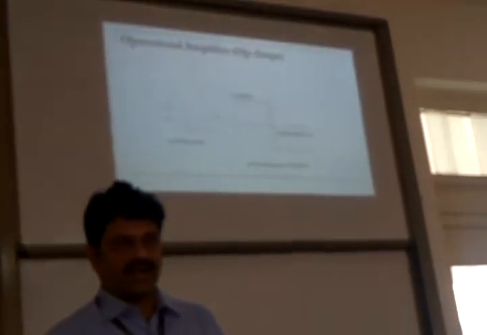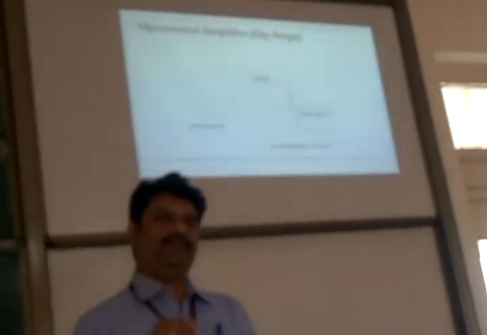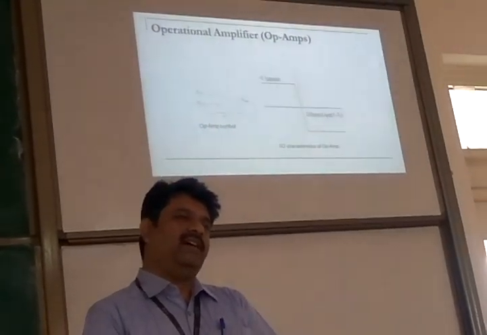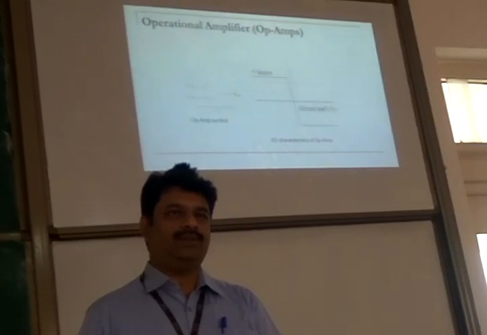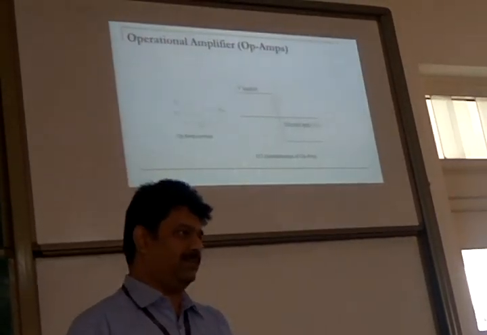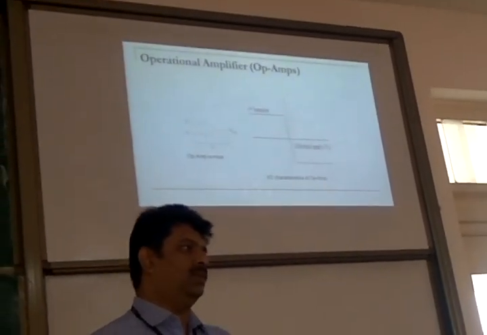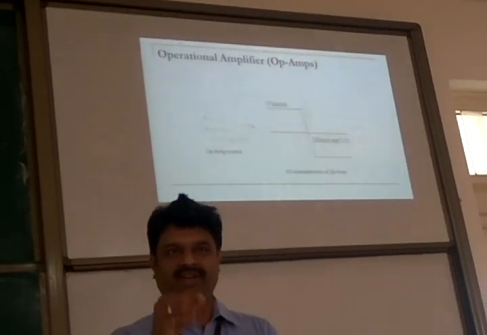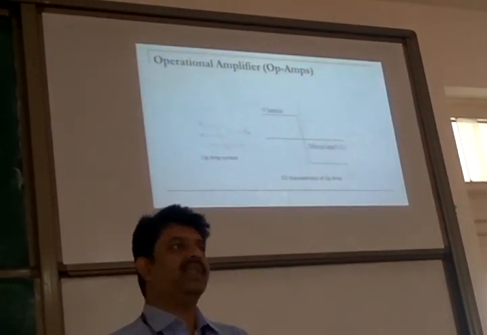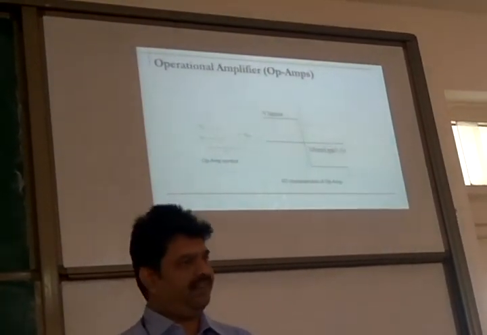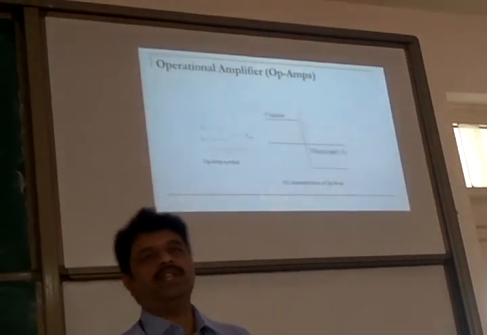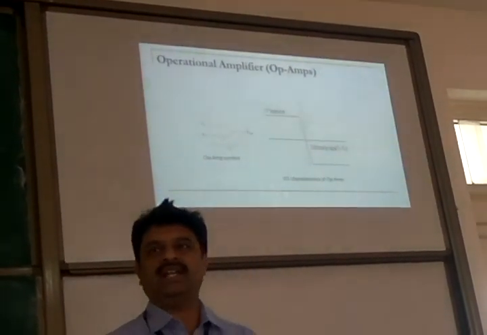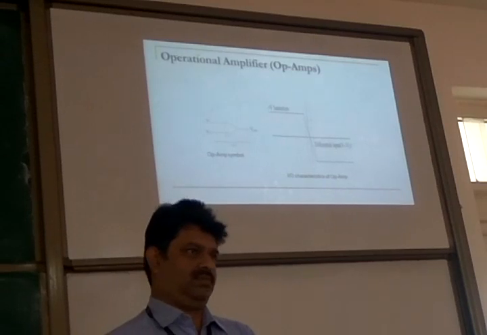For instance, you can visualize this voltage as VCC in your transistor based amplifier. Suppose I give the transistor based amplifier a VCC of 12 volts. At any point of time, the amplifier cannot give output more than 12 volts, because all it can supply is 12 volts.